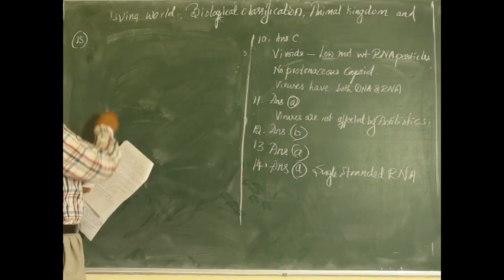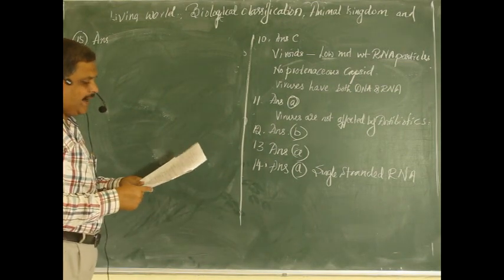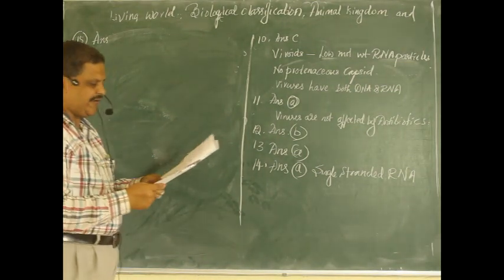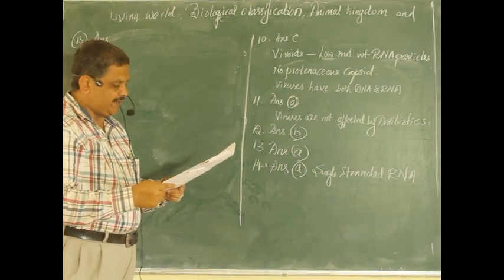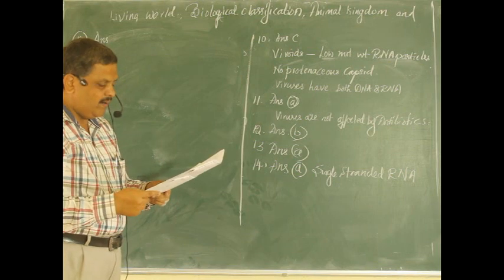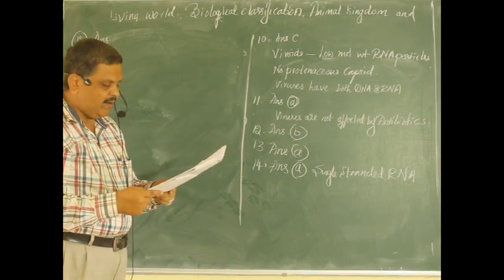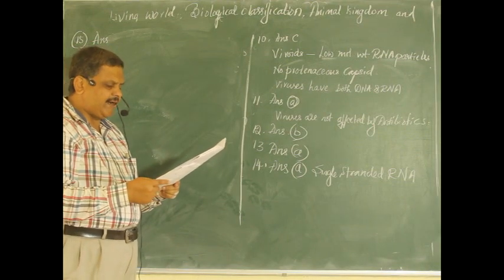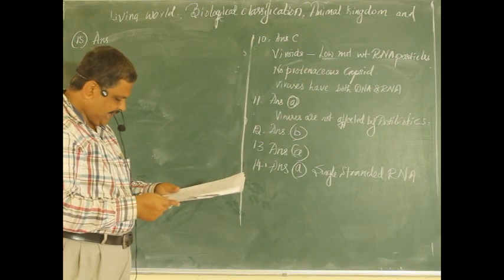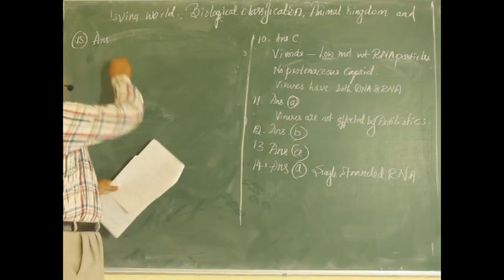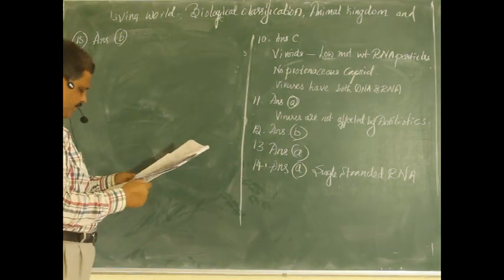Phycobiont is: fungal component in symbiotic association between lichen and fungi, algal component in symbiotic association between lichen and algae, lichen component in symbiotic association between algae and lichen, component in symbiotic association between fungus and lichen. So, the answer is option B.